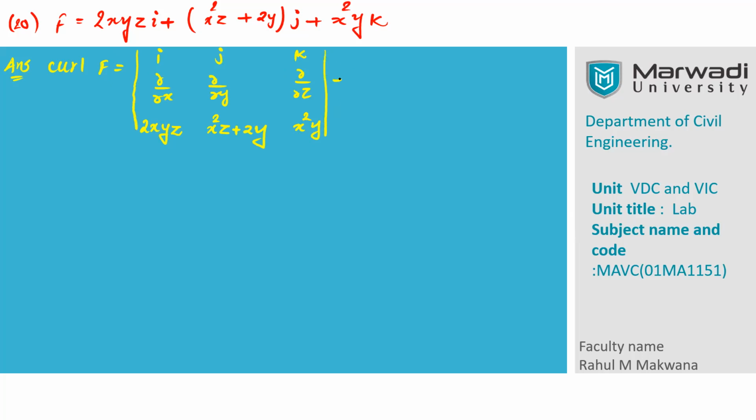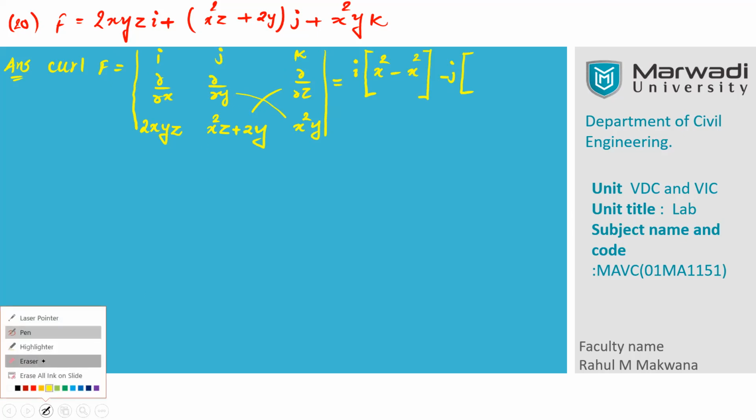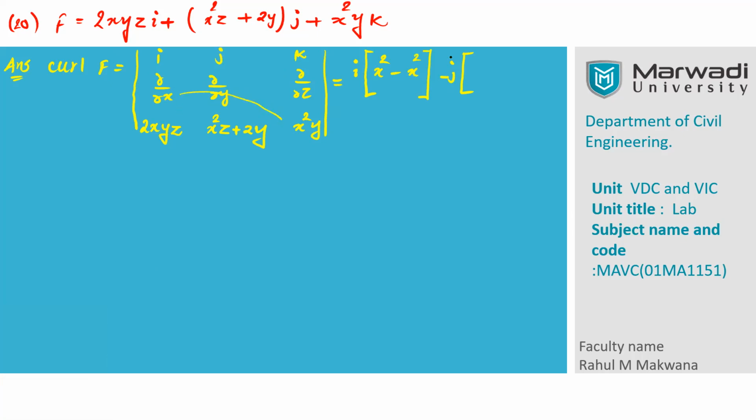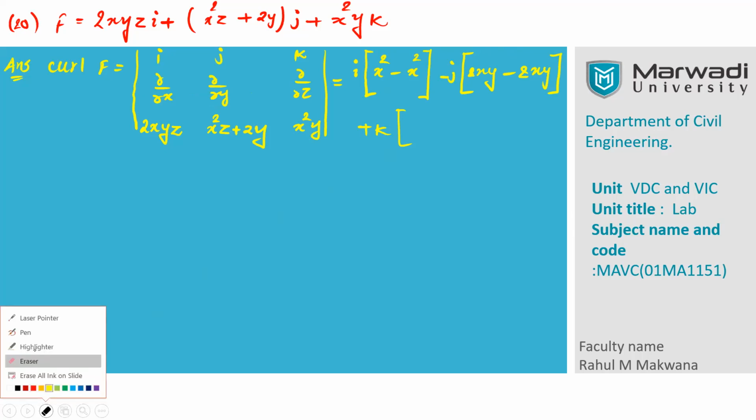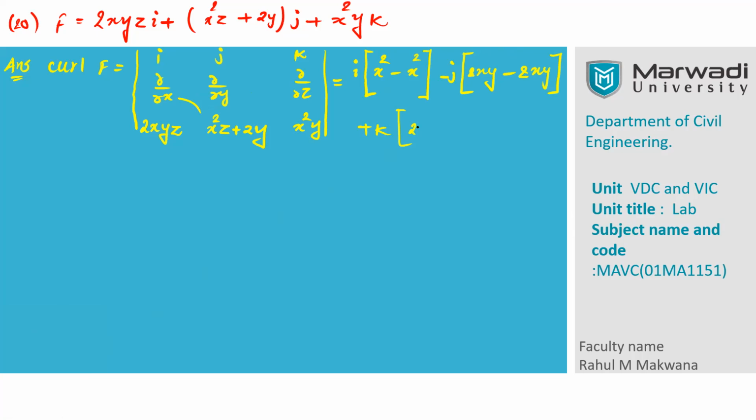3 by 3 determinant. So this is i with respect to y x square, with respect to z x square, minus j with respect to x 2xy, with respect to z is 2xy, plus k with respect to x 2xz, and with respect to y 2xz, that is 0, such that vector f is irrotational.